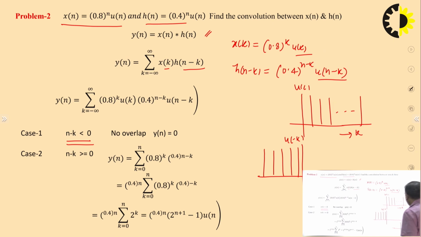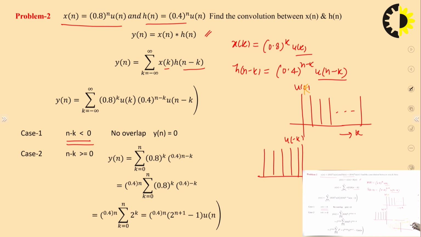Depending upon this k value, your overlapping will be there. So, we will check the various values of n minus k. Let us suppose we have drawn u[n minus k] and this point is somewhere here, and our other signal is here. How will we get the overlap?